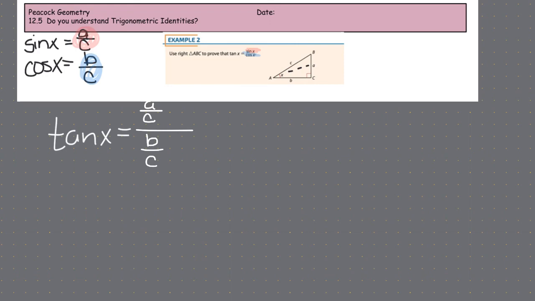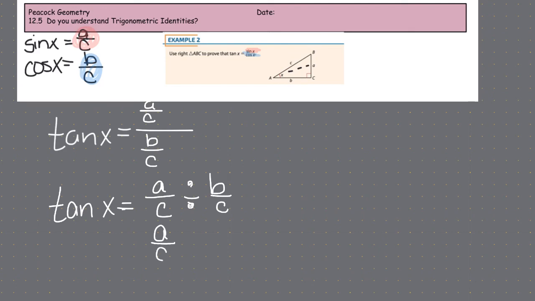That's a fraction divided by a fraction. In reality, friends, what that says is the tangent of x is equal to a over c divided by b over c. Right? That's what a fraction is. We're dividing the numerator by the denominator. Now, how do we divide fractions? Copy, dot, flip, or keep it, change it, flip it.